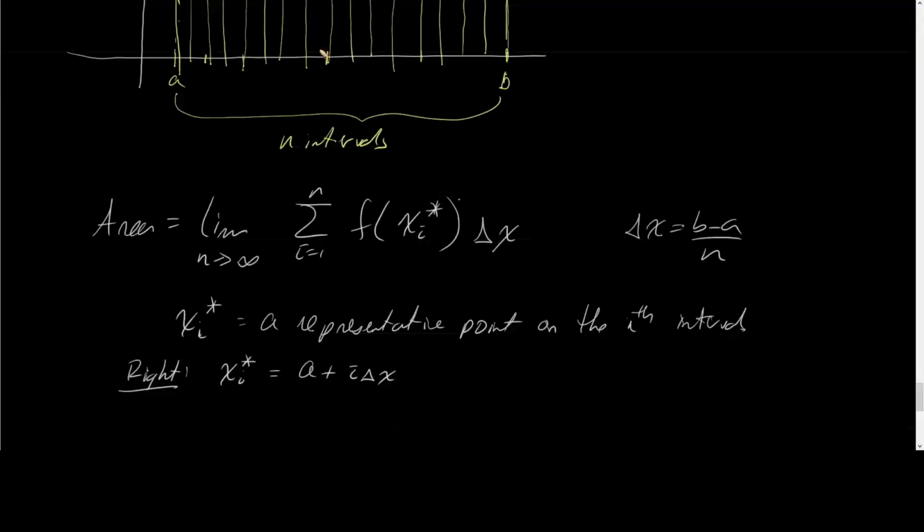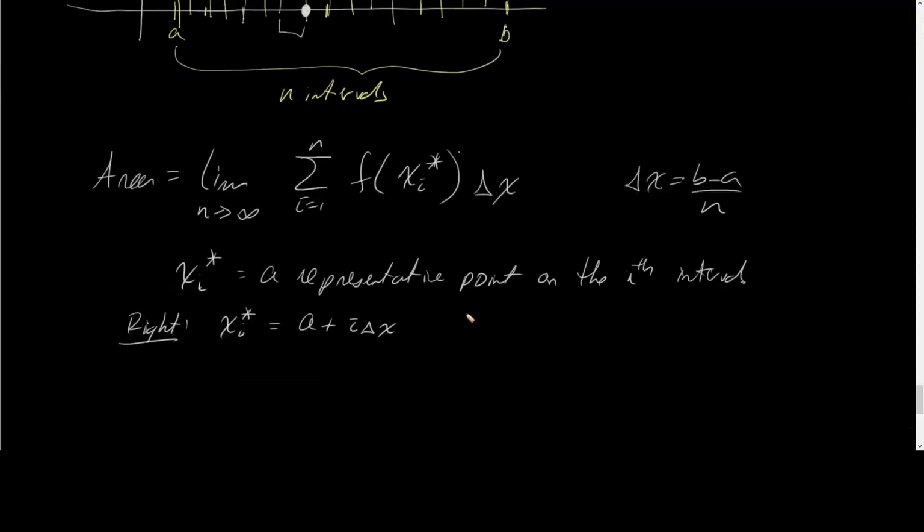The right endpoint, well, let's look at this interval. The right endpoint is here, right? And how do I find that value? Well, I'm starting at A, and I'm adding, what interval is that? 1, 2, 3, 4, 5, 6, 7. We're in the 7th interval. So I'm going to multiply that delta x, the width here, times 7, and add it to A. That's how I get to there. So those are the right endpoints.